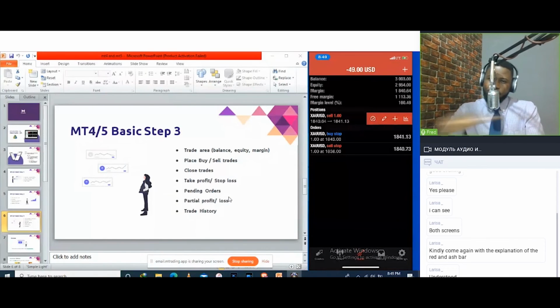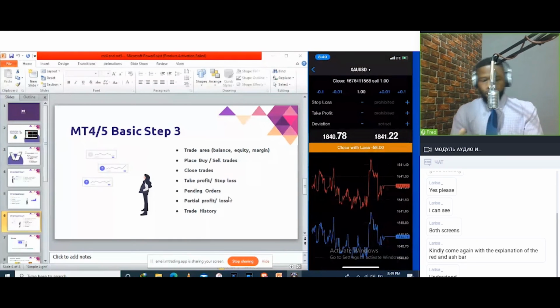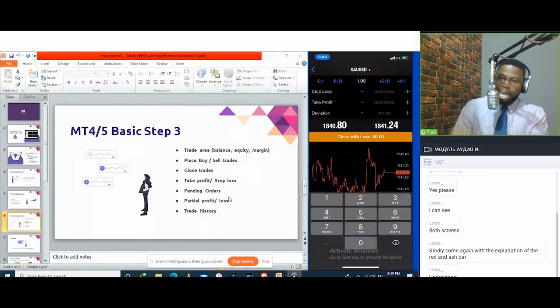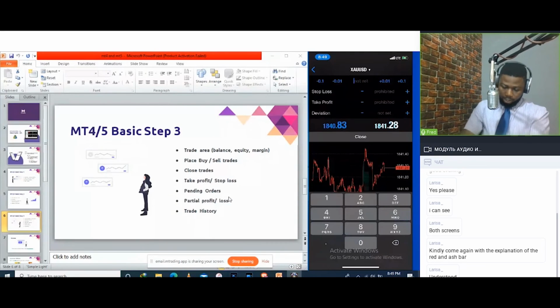I just want to take half of the loss right now, and later maybe I could make profit, or I could leave half of the trade floating in the market. So I'll just go to the close button. Right here I'll go to the standard lot, and half of 1.00 is 0.50. So I'll just edit it to 0.50.